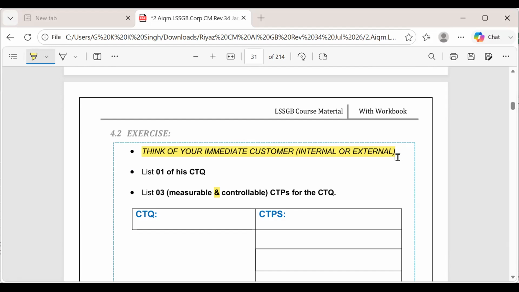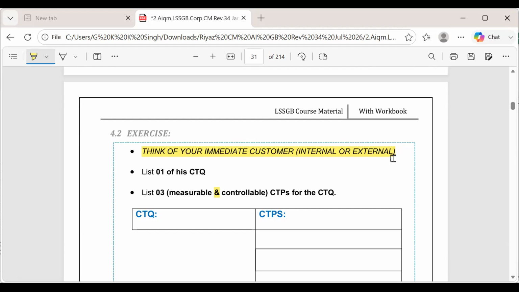For example, submitting the report on time. Let us say you are required to submit the report on 3rd of every month. So that is a CTQ, critical to quality.